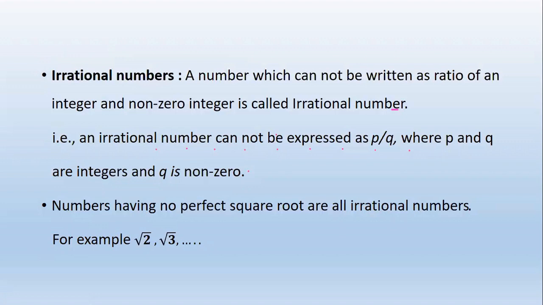If any number cannot be expressed as p by q, where p and q are integers, that number is called an irrational number. Also, numbers having no perfect square root are all irrational numbers. For example, root 2, root 3. These are all irrational numbers.